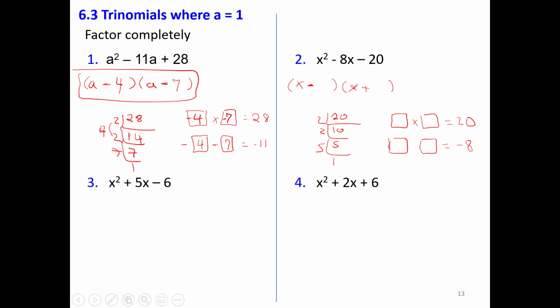And 4 times 5 is 20. But if we add, both positive, 4 and 5 will be 9, and we need negative 8. If we subtract, 4 minus 5 will be negative 1. It doesn't work. So we try the other combination, 2 and 2 times 5, then 2 and 10.